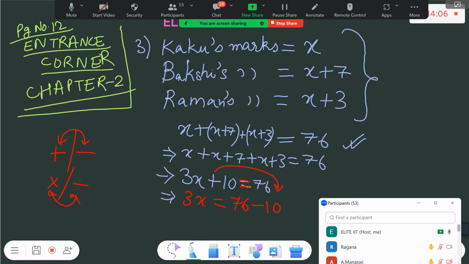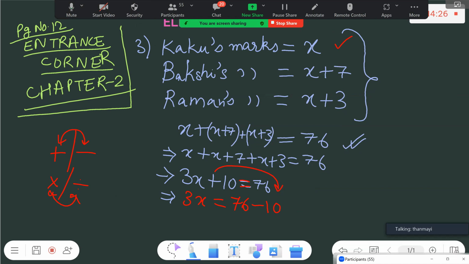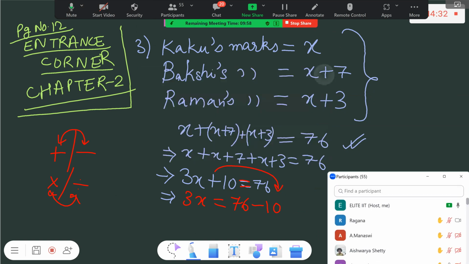See, what is given in the question? Kaku got 7 marks less than Bakshi, and all this information is given, right? So now we have assumed first that Kaku's marks is X. Clear? Whenever we consider X, X is actually called a variable.